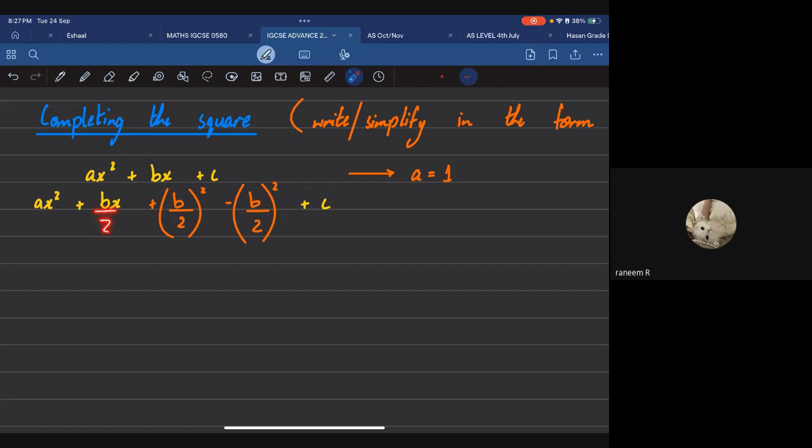I take the half of B and whole square it, minus. Now, technically, if I did it once, that would have made much more sense, but I'm technically trying to cancel these two out by adding or subtracting them. Always remember, in a mathematical question where you're adding some sort of quantity or value by yourself, if you're multiplying with it, you have to divide with it as well.